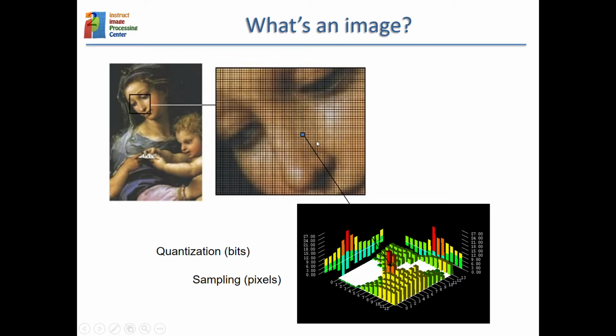That is why you have a regular grid here. But also you have to discretize the colors. The discretization of the space gives you a grid, and this operation is called sampling, while the discretization of the colors is called quantization.